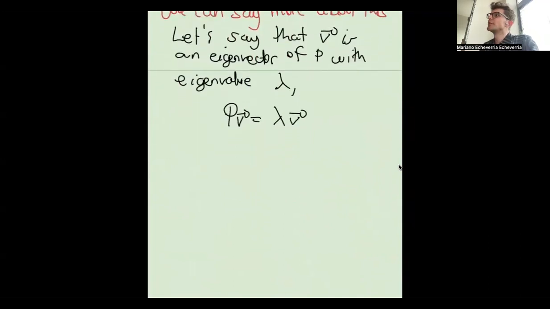I don't know if anyone remembers, if you have an eigenvalue of a projection matrix, there are only two possible eigenvalues for a projection matrix, right? What were those? Lambda can be only 1 or 0, right? So lambda equals 1 or 0. Good.